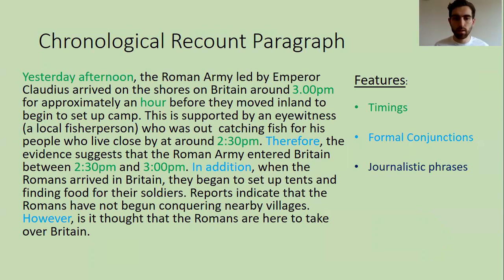Hopefully you have, because there are 3, and they're highlighted in blue on the screen. The first one we've got is therefore, in addition, and however. Well done if you found those. Next we're going to look for journalistic phrases. What is a journalistic phrase?